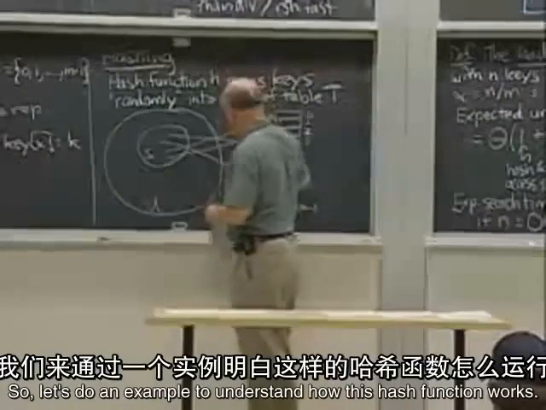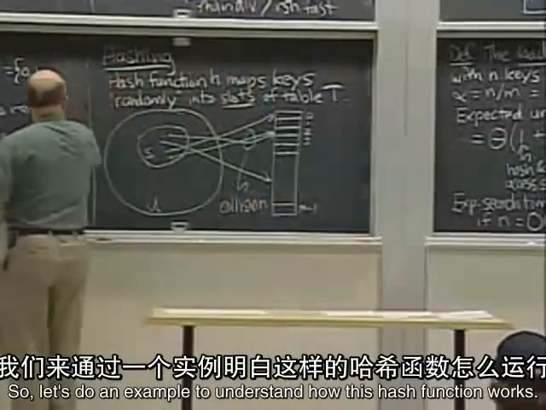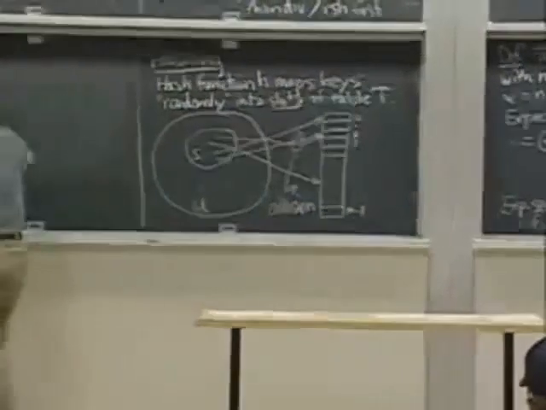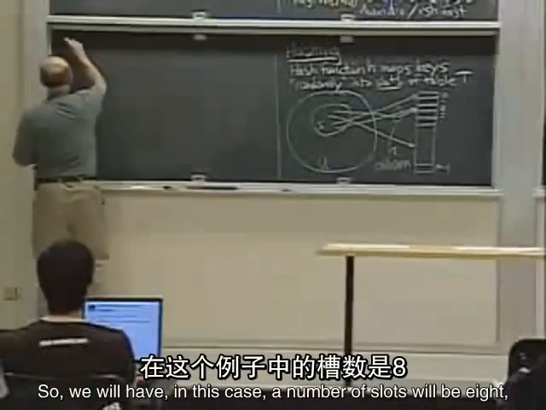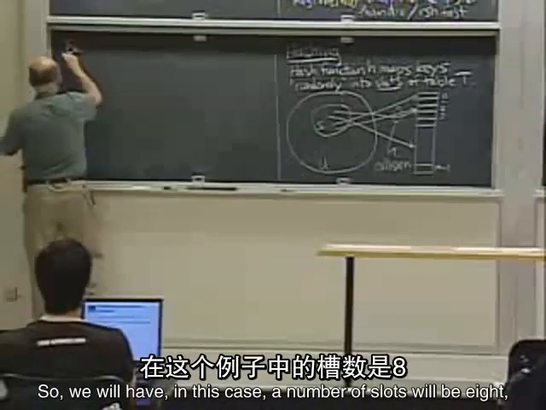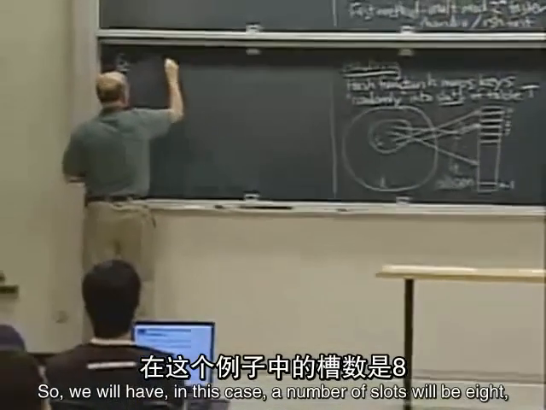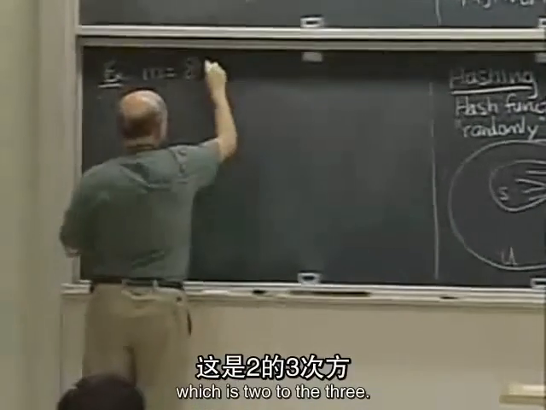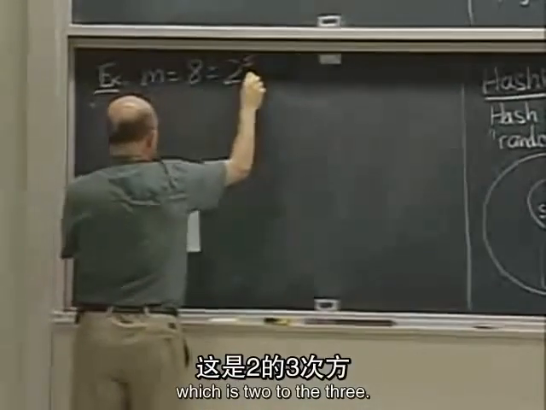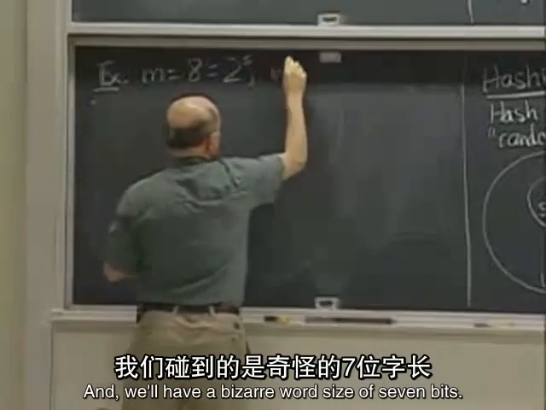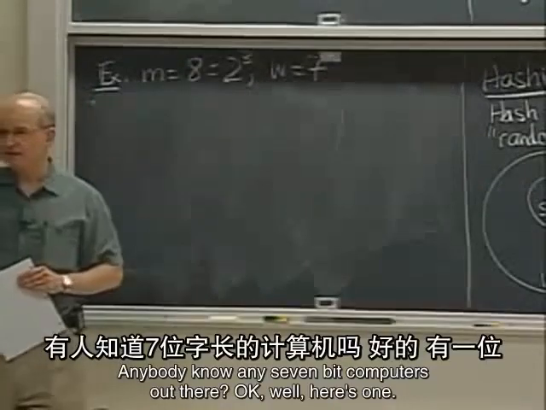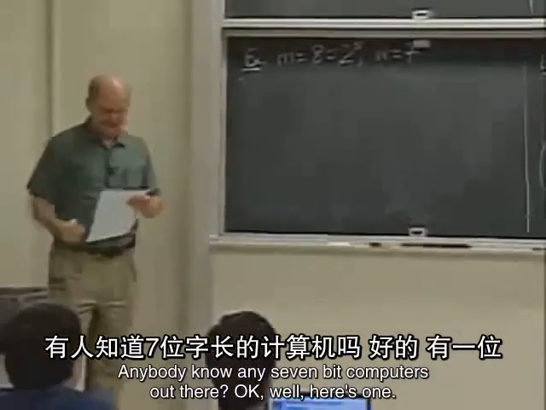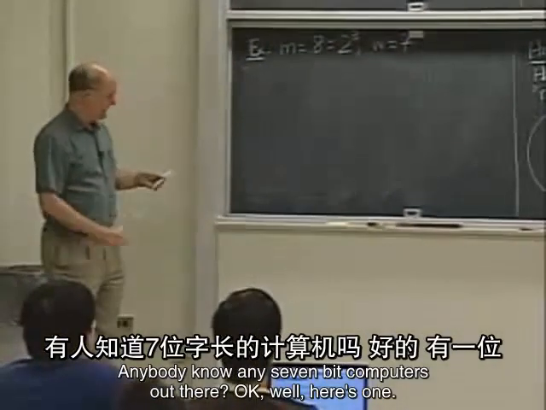So let's do an example to understand how this hash function works. In this case, our number of slots will be 8, which is 2 to the 3. And we'll have a bizarre word size of 7 bits. Anybody know any 7-bit computers out there? Okay. Well, here's one.